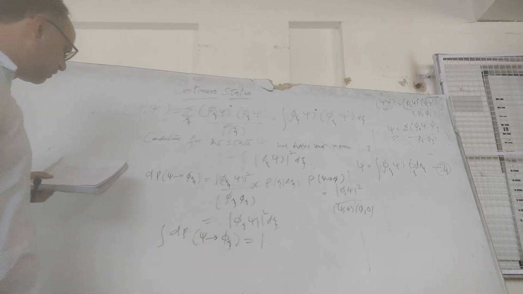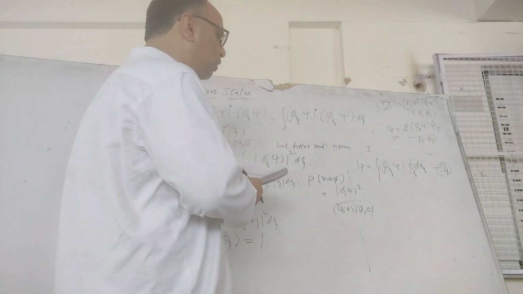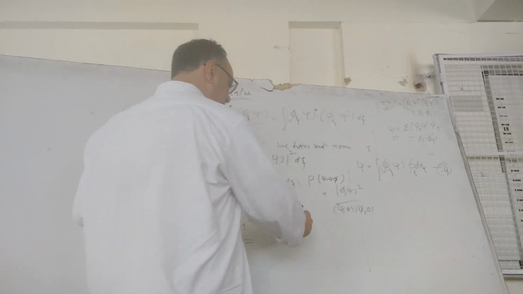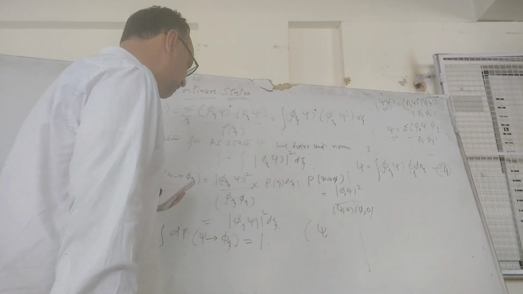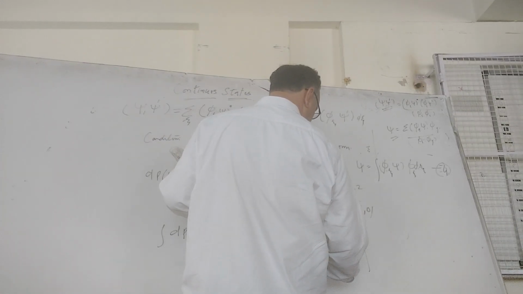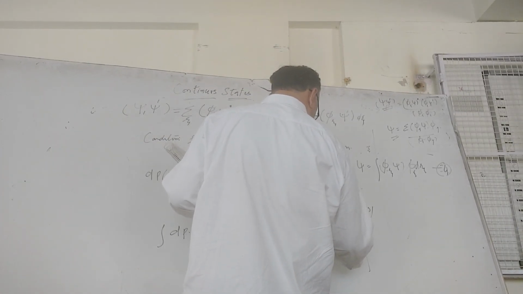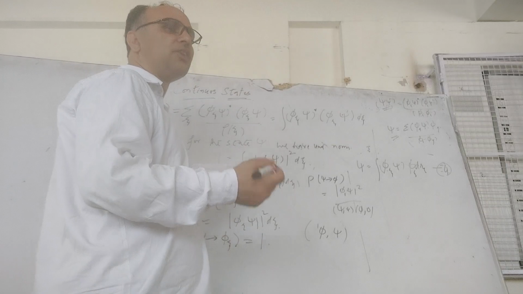If you remember, the wave function can also be written as a scalar product, in terms of phi in terms of psi, or psi in terms of phi, or psi in terms of psi, or phi in terms of phi.